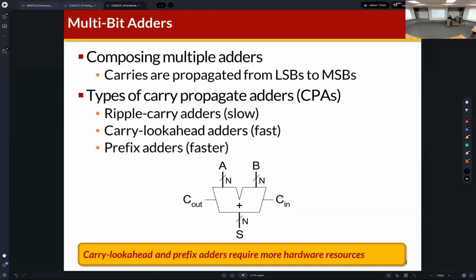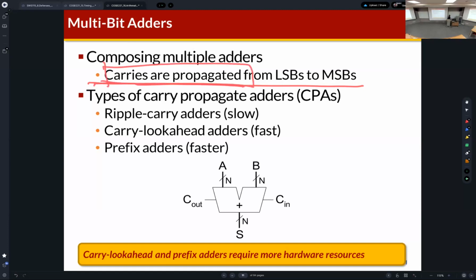So you need to understand that when we compose multi-bit adders, the carries are propagated from LSB to MSB, right? So carries are propagated.